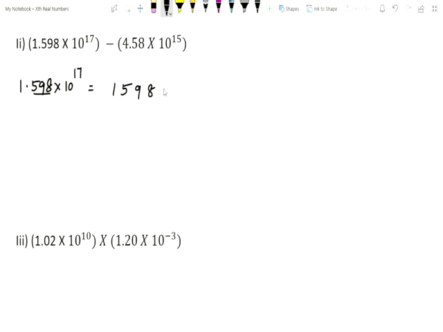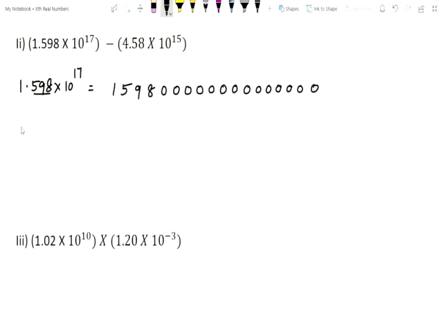So put 14 zeros: 1, 2, 3, 4, 5, 6, 7, 8, 9, 10, 11, 12, 13, 14.